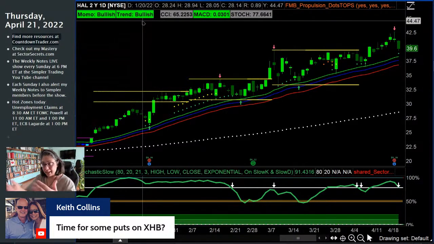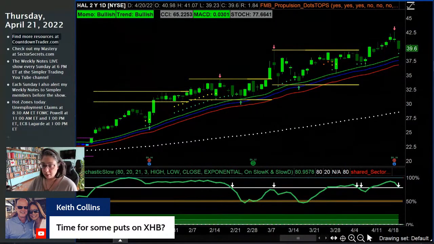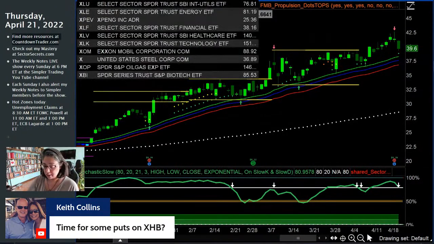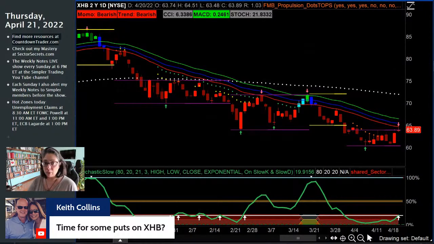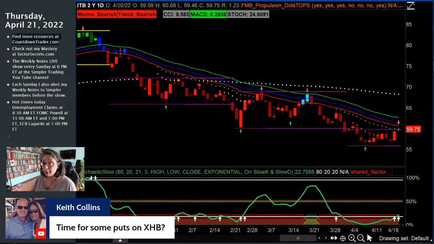And then within those tides, we're looking at individual boats. XHB rallied, ITB rallied. They're very similar, but their weighting is different. ITB is a high concentration weighted ETF, while XHB is not. I like them both, but ITB hit the triggers, hit our entry zone. So we actually have an open long put position, Keith.